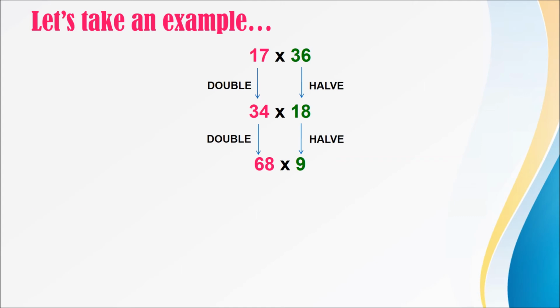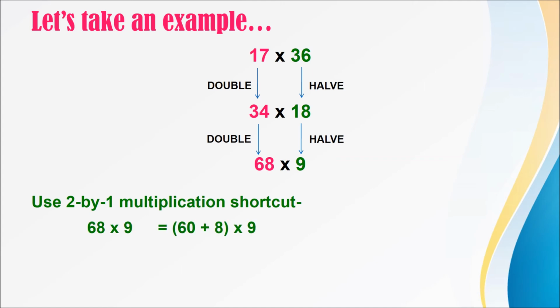Now, all you need to do is to use the 2 by 1 multiplication shortcut I showed you in the last video. So, 68 into 9 is equal to 60 plus 8 into 9.